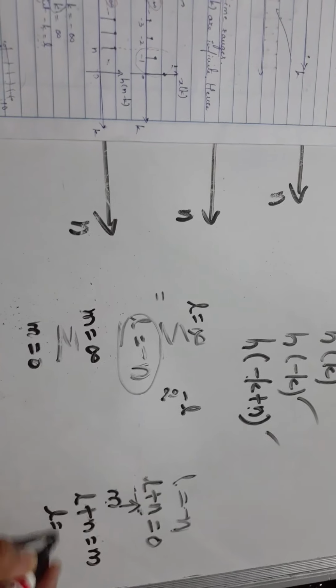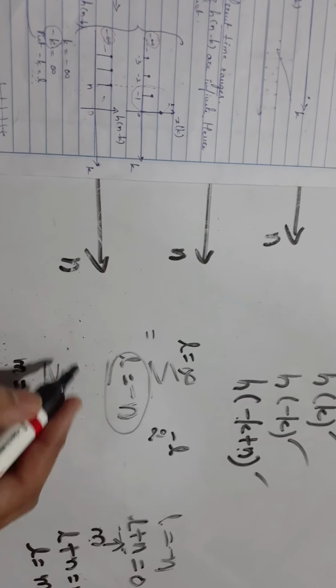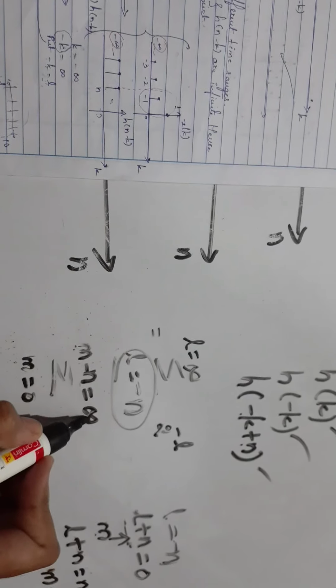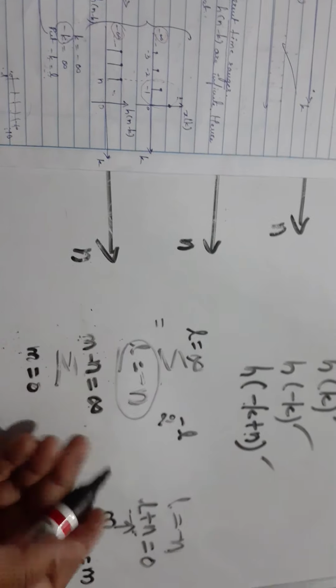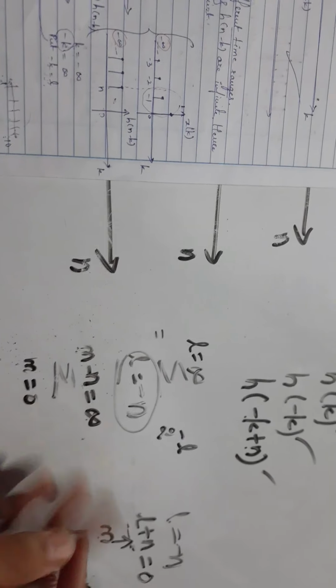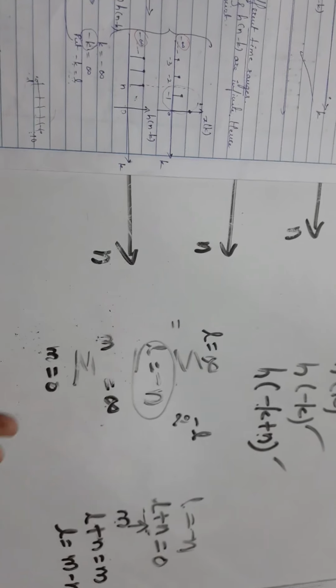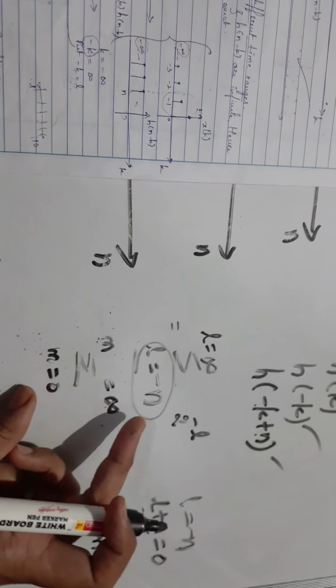So L is equal to m minus n. If I do it here, L will be m minus n is equal to infinity. So what will m be equal to? Infinity plus n. If you add anything to infinity, it will remain infinity itself. That's why I have written directly m is equal to infinity. So from 0 to infinity, we have changed the limits.